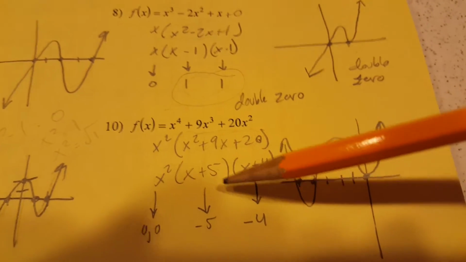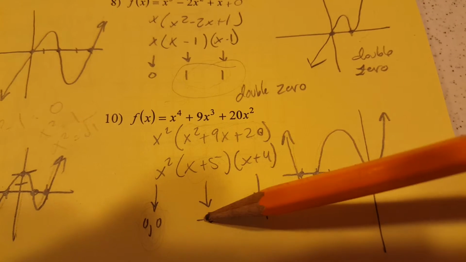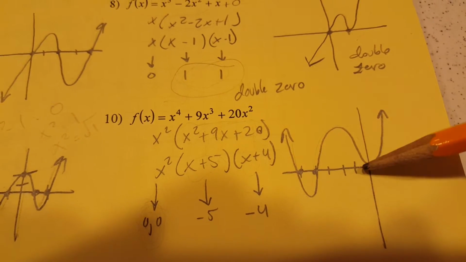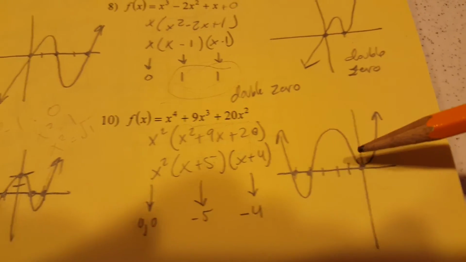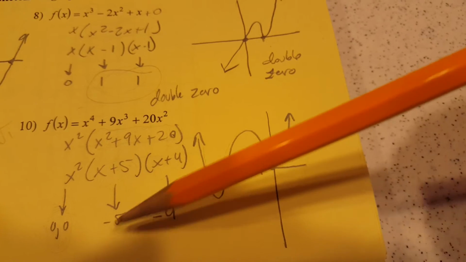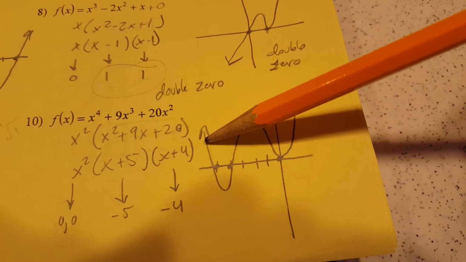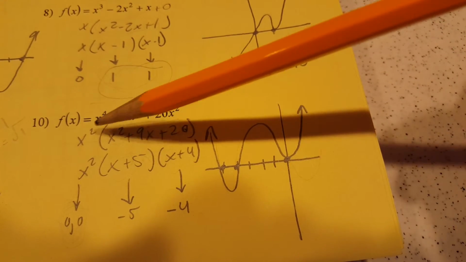Hopefully you remember that. So then this x-intercept is a -5. This x-intercept is a -4. So if you can see on the graph, -5, -4. And then there's a double zero at 0. So then obviously it's like this. It's an M graph, right?